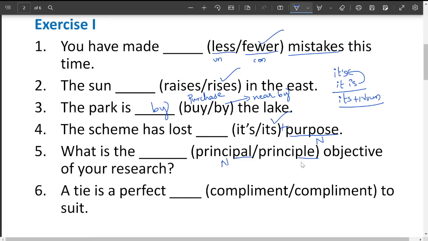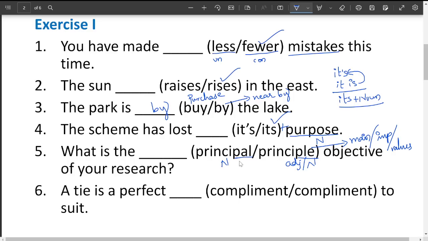This principal can be used as an adjective, and in some cases also as a noun. It can be used with different meanings. One is main, another is important, another is value.